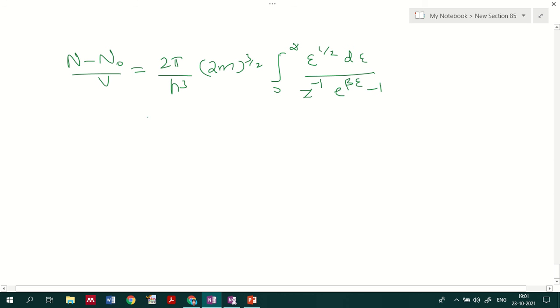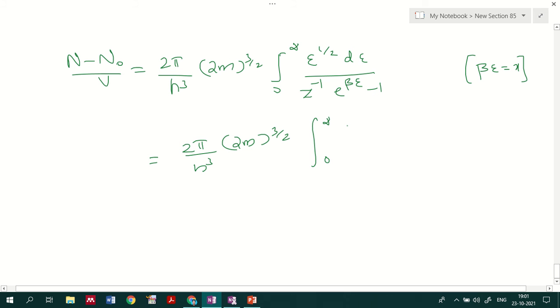Okay, so here also you can substitute beta epsilon equal to x. Okay, so if you're substituting that, you will be getting 2 pi by h cube 2m raised to 3 by 2, integral 0 to infinity.